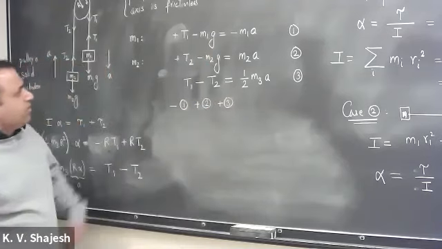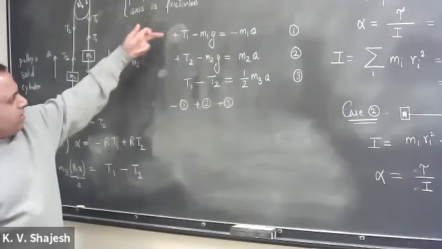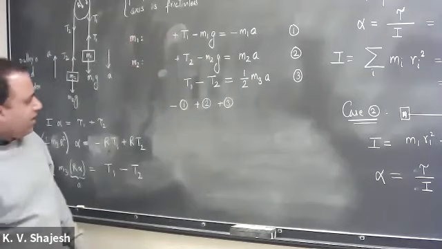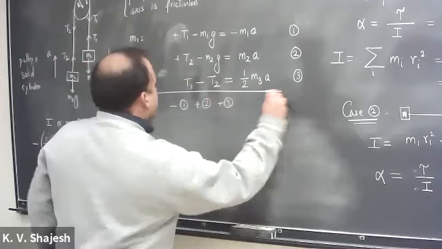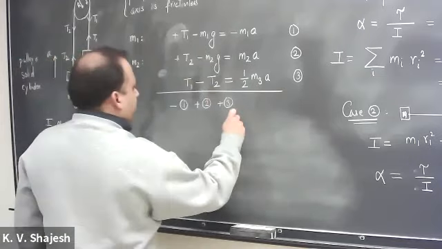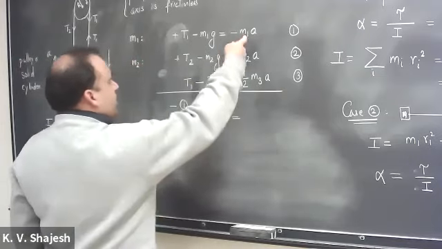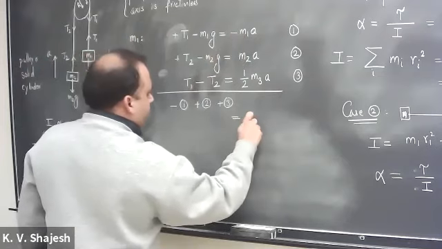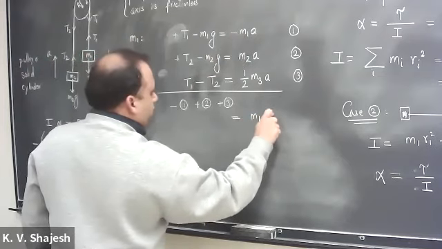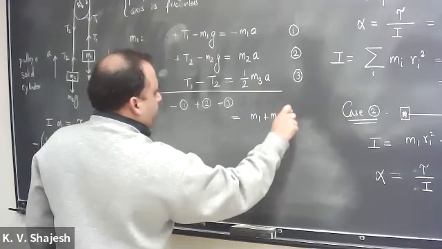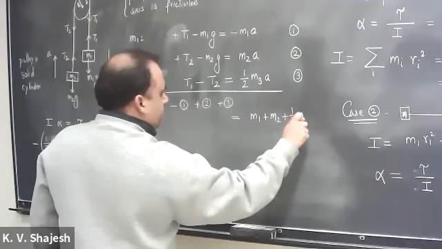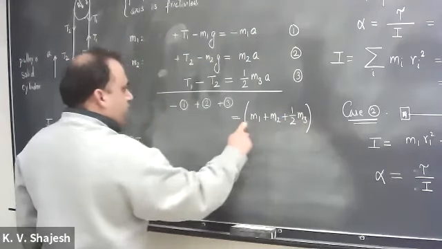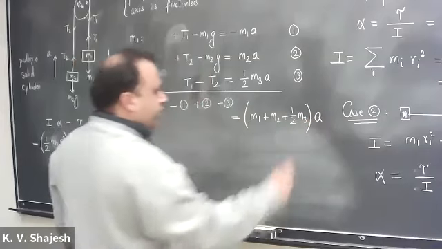That's what I'm doing. So change the sign of the first one, then add, then add. If you do these things, since I'm changing the sign of the first equation, that is equal to M1 plus M2 plus half of M3 times acceleration A.